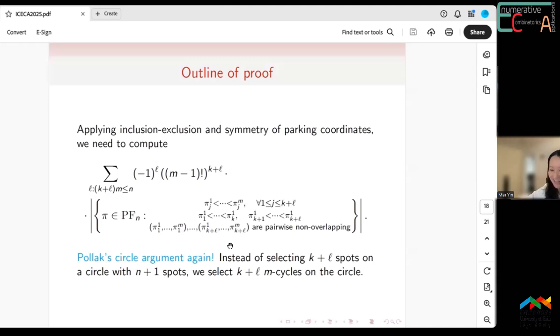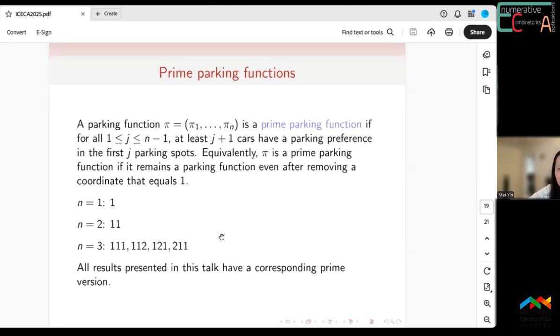Okay. The last thing I wanted to mention is that all the formulas presented here have generalizations to prime parking functions. Prime parking functions are a prototypical object of study because they pop up nicely in parking functions and symmetric functions. Prime parking functions means that at least j+1 cars have a parking preference in the first j parking spots, for every j from 1 to n minus 1.